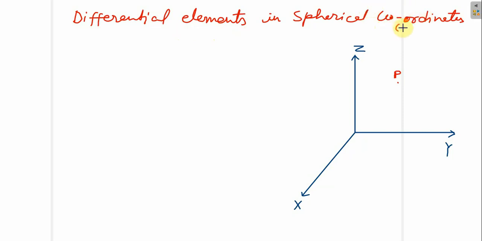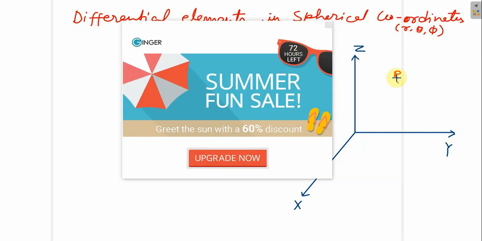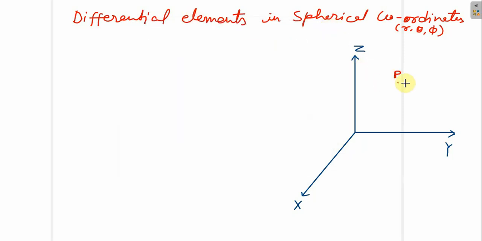We have the three coordinates, that is r, theta and phi. So we will consider small increments in all of the three coordinates, so it will be dr, d theta and d phi. Let me try to make you understand through the diagram.